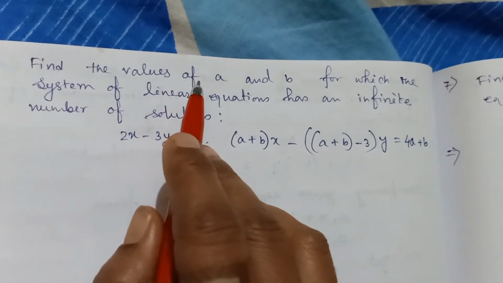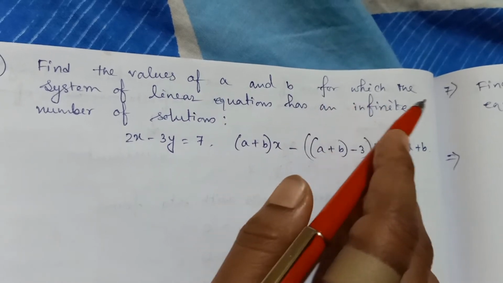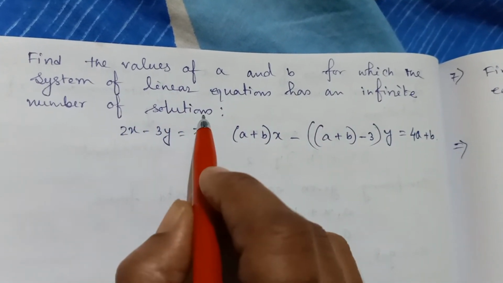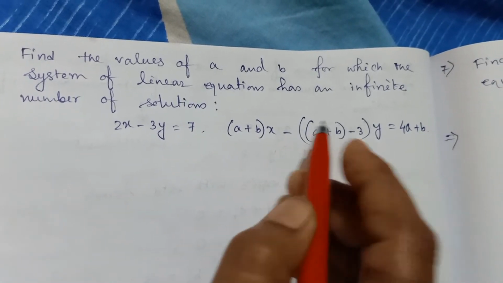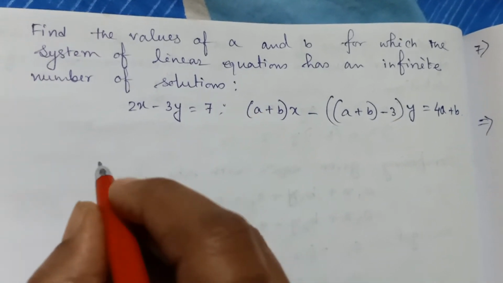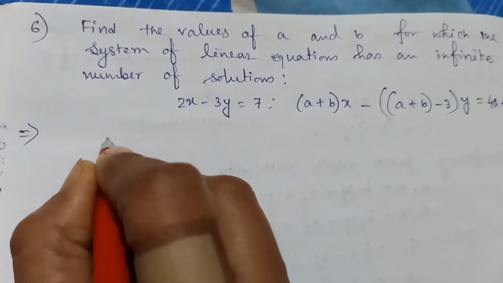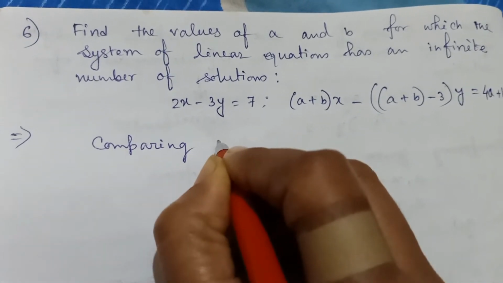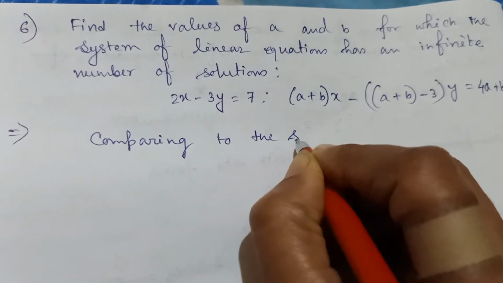Find the values of a and b for which the system of linear equations has an infinite number of solutions. So these two are the equations given. Okay, so we will again be comparing to the standard forms.